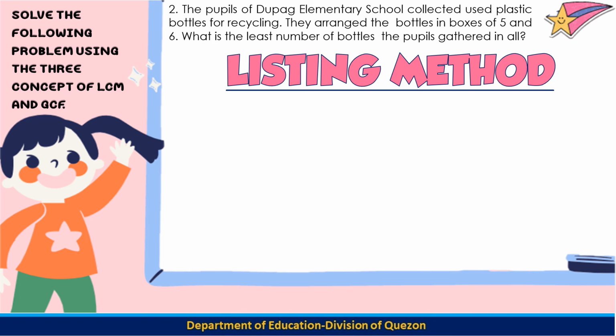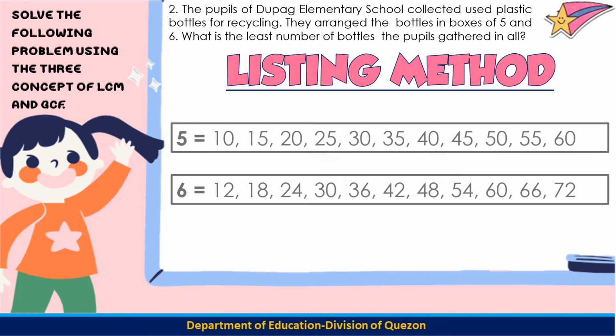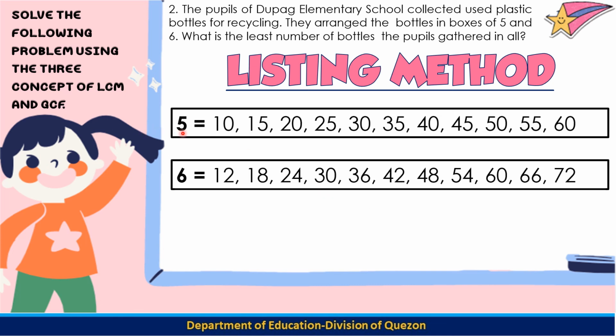Let us have number 2 in listing method. We have 5 and 6, the given numbers. The listing method of 5 is 5 times 2 is 10, or skip counting po natin. 5, 10, 15, 20, 25, 30 and so on and so forth.